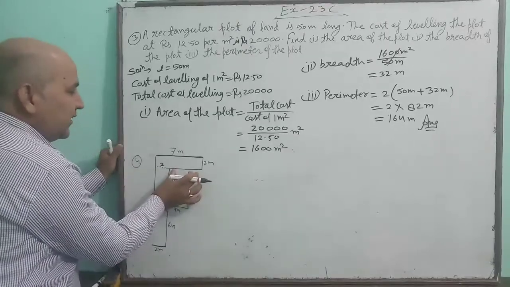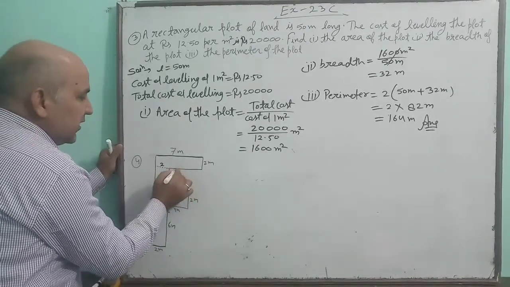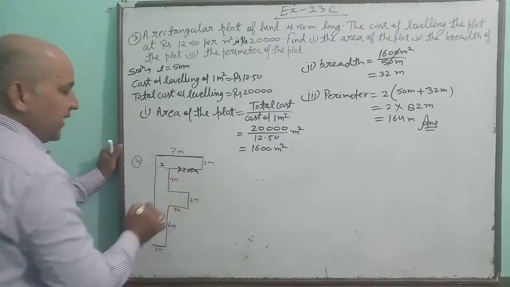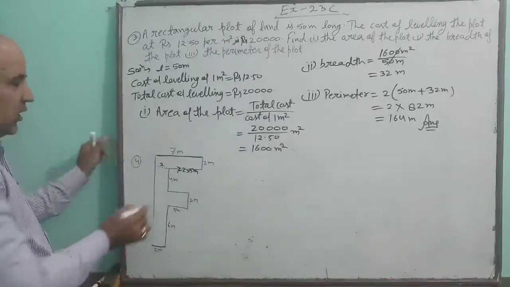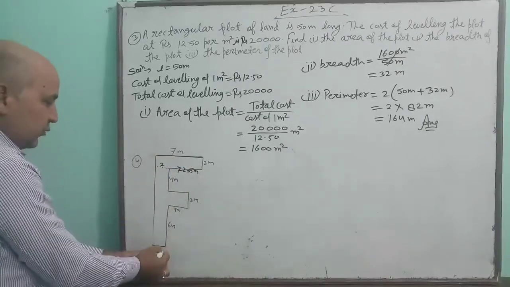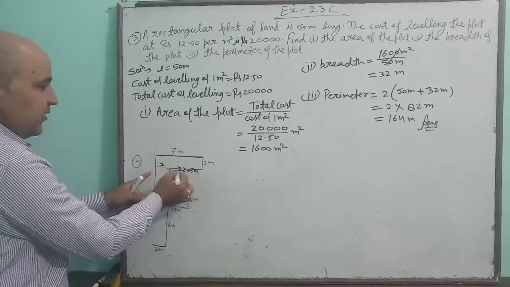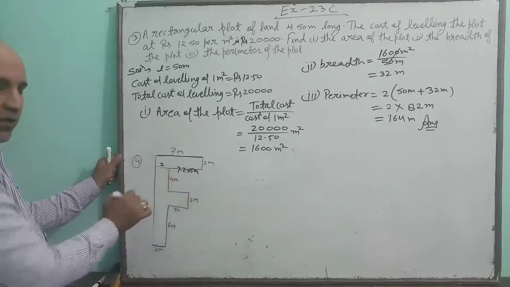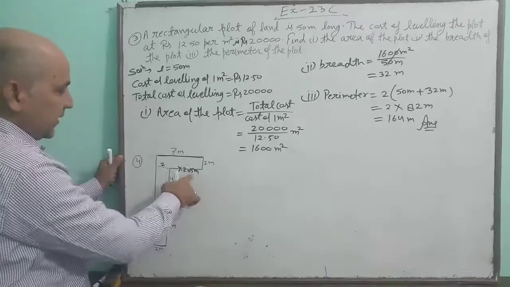So we can find this portion. This will be 7 minus 2 means 5 meter. Understood? Because this total length is 7 and here this portion is given 2 meter. So this remaining will be 7 minus 2. Is this point understood? 7 minus 2 means 5 meter.